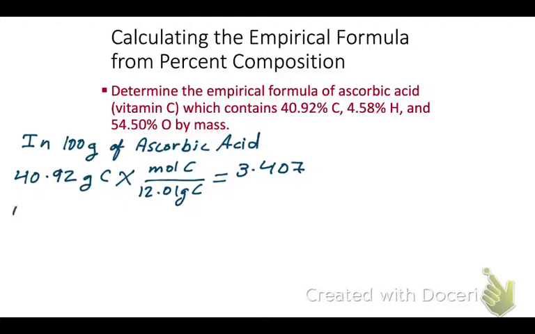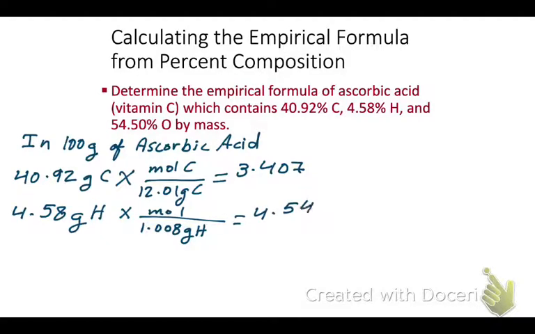Next element that you have is hydrogen. So you're going to say there are 4.58 grams of hydrogen. You multiply this by 1 mole of hydrogen, which weighs 1.008 grams of hydrogen. Now when you mathematically log these numbers in the calculator, the answer will be 4.544 moles of hydrogen, and here moles of carbon.